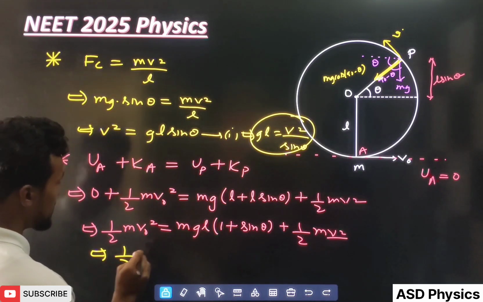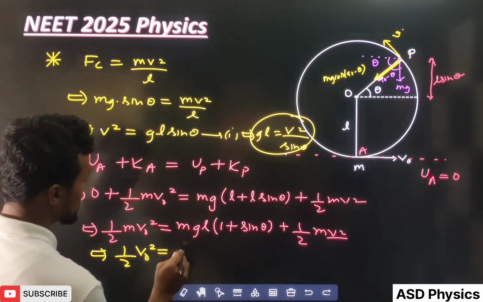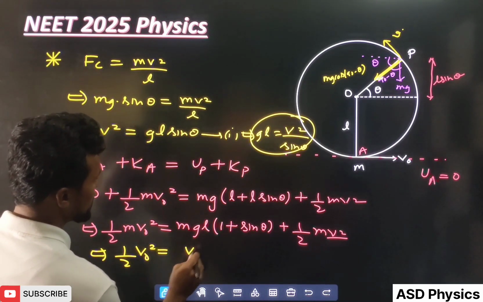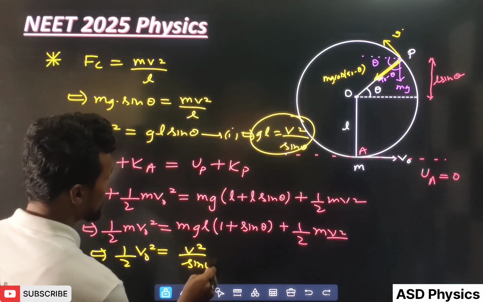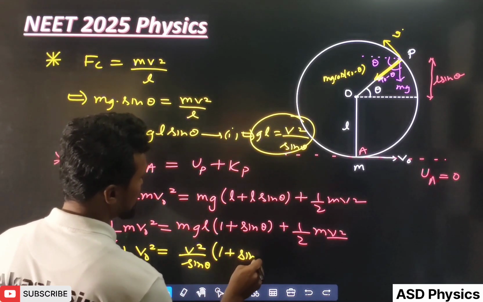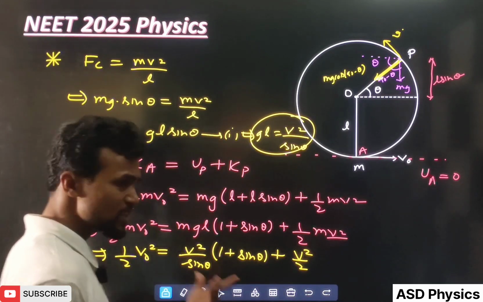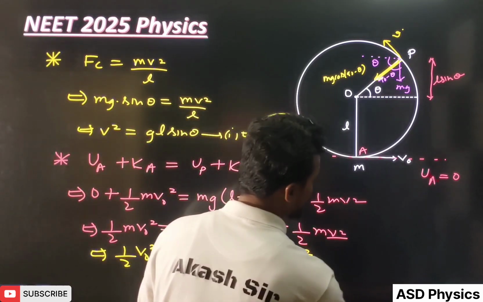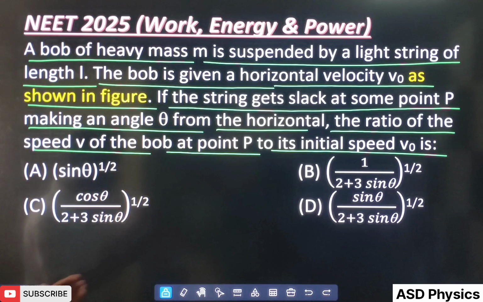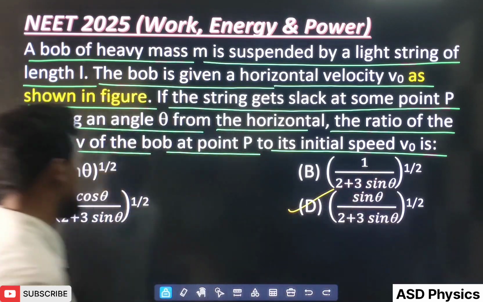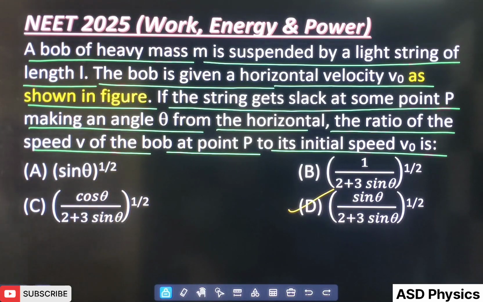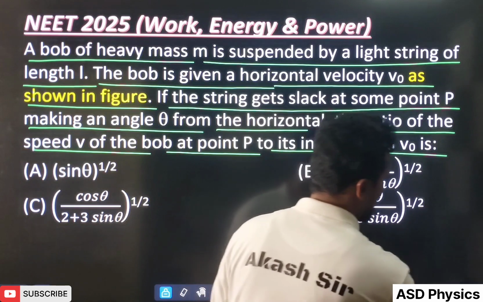Anyhow mass will cancel out, so half v naught square equals v square by sine theta into 1 plus sine theta, plus v square by 2. You have to just simplify this equation, and you will get this option D. Okay, and kindly see this also.